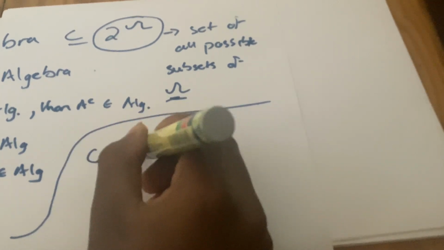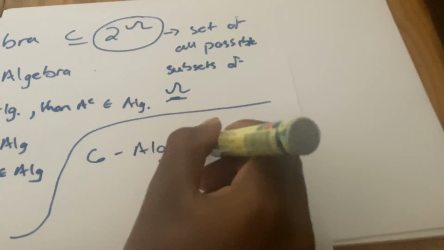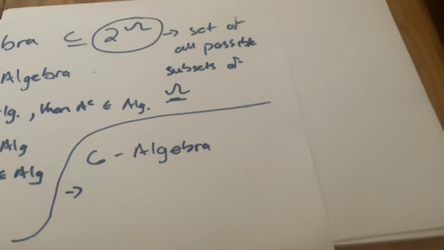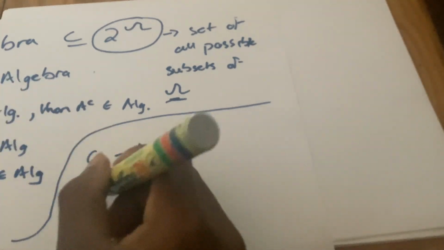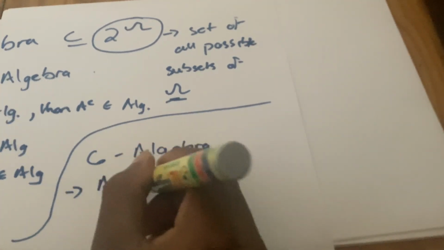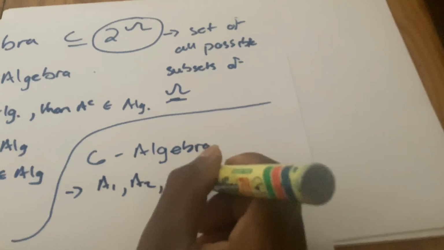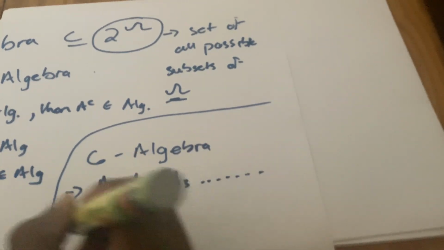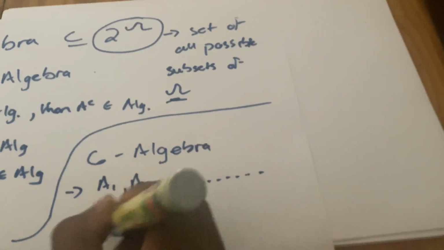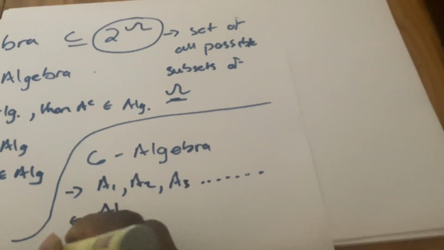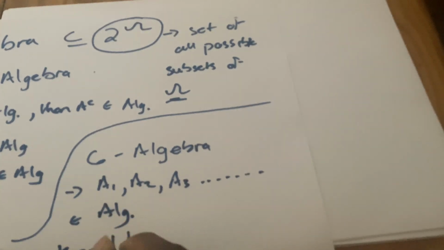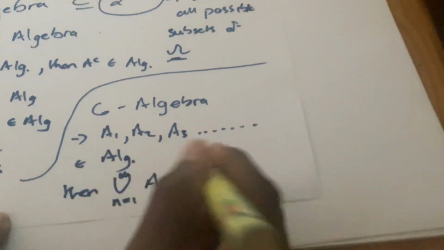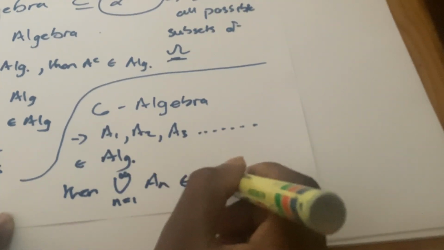A sigma algebra has this fourth condition satisfied: if A1, A2, A3, all the way up to infinity are elements of this algebra, then their union must also be an element of the algebra.